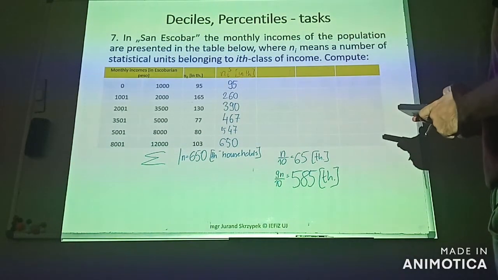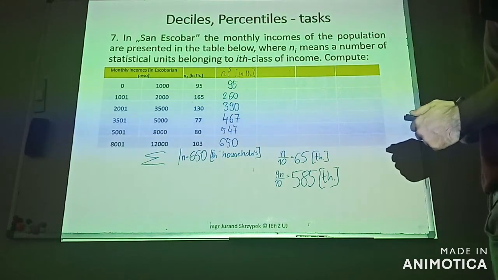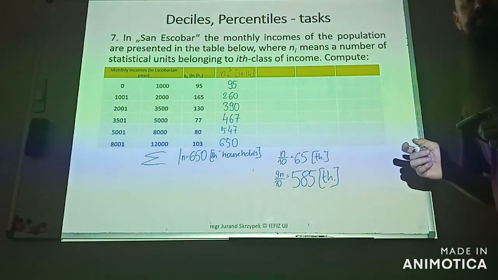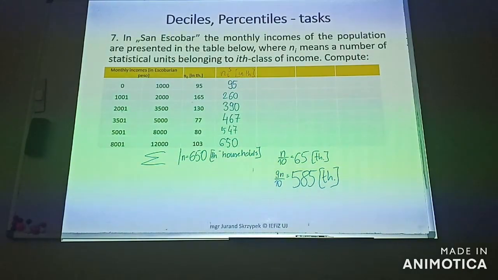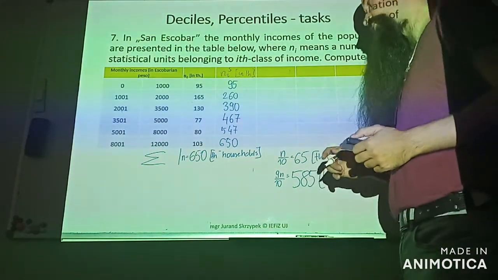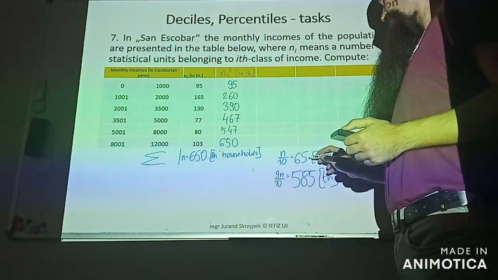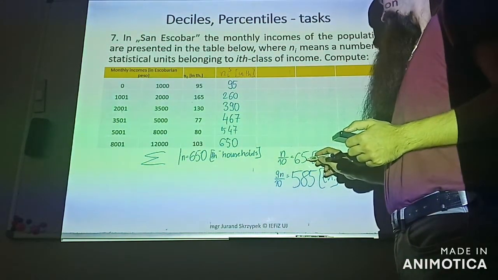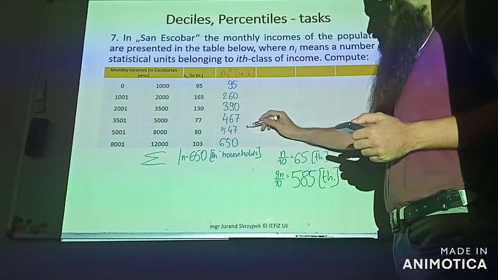Alright. And now we are able to compute the first and the last decile, but first let's find the appropriate classes for both categories. The first decile is placed in that class where we exceed 65 for the first time.